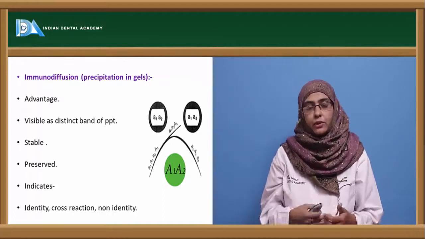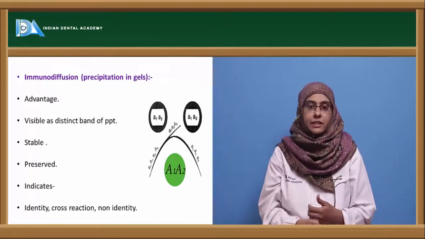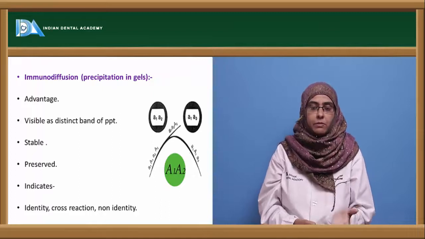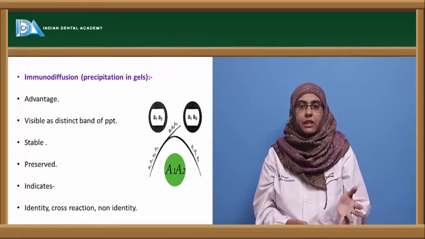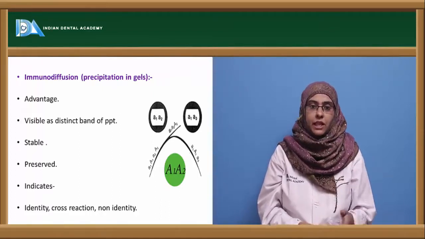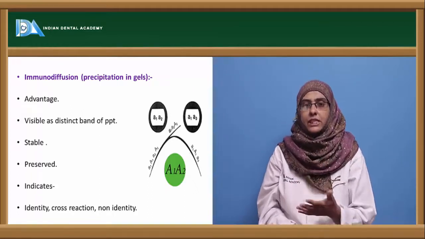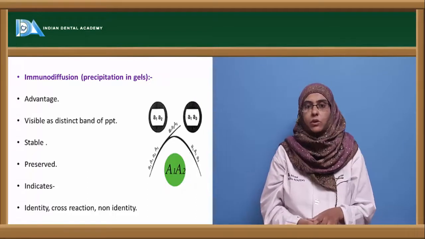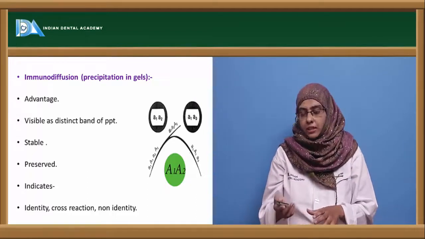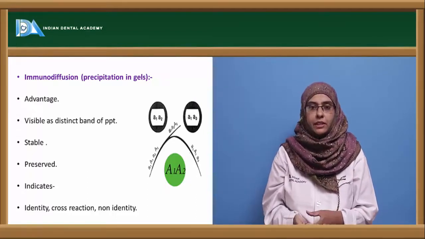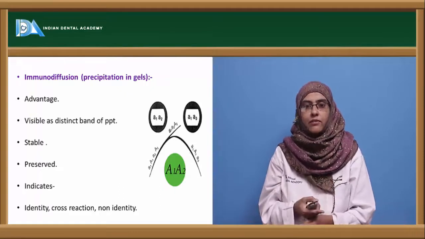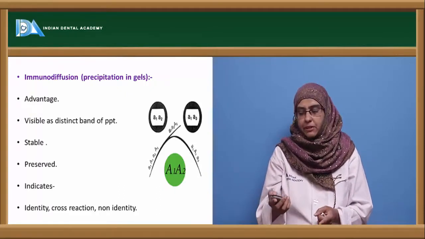It also helps us to know whether there is a cross reaction taking place, because sometimes cross reaction occurs and confuses us in our diagnosis. So precipitation in gels helps us to know about cross reaction, and non-identity. If there is no identity, you can see a crossing of lines between the two precipitant bands.